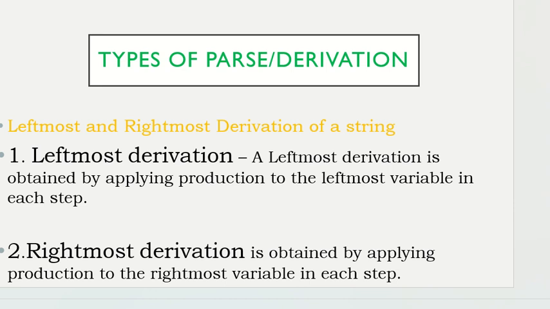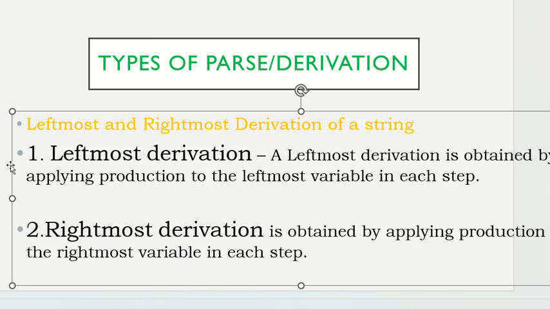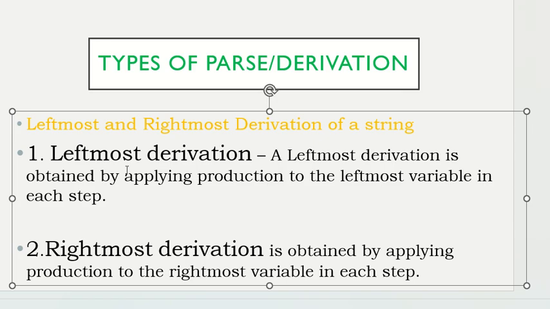There are two types of derivation for a parse tree: leftmost derivation or rightmost derivation. Leftmost derivation is obtained by applying a production to the leftmost variable in each step.